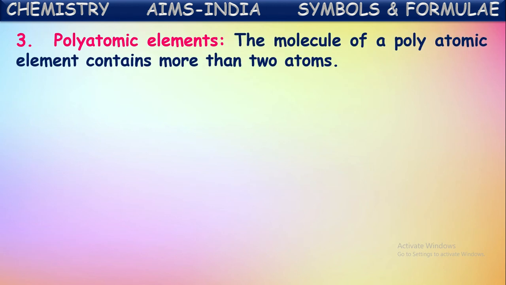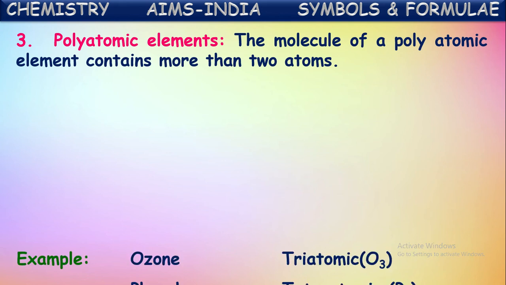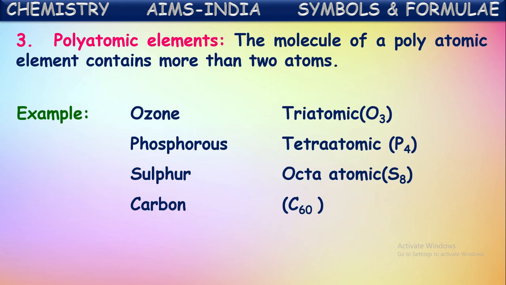Not only one or two atoms in the molecule. Some other elements may contain more than two atoms also. They are called polyatomic elements. The molecule of a polyatomic element contains more than two atoms. For example, if you see ozone, in ozone there are three atoms of oxygen combined together.